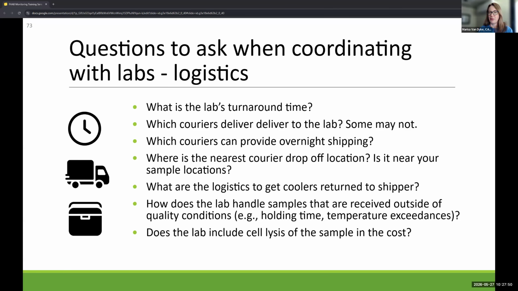So shipping couriers, often FedEx and UPS, are most reliable to provide that overnight shipping. It's really essential to keep your samples cool and within that holding time. So something that you want to consider also is the increased costs for your monitoring program to be able to fund that overnight shipping and the time frame to drop off your samples so it makes it to the overnight shipping, particularly if you're shipping out of state.